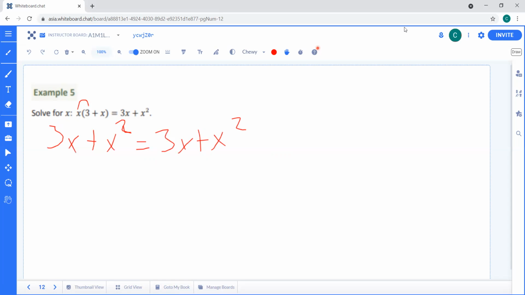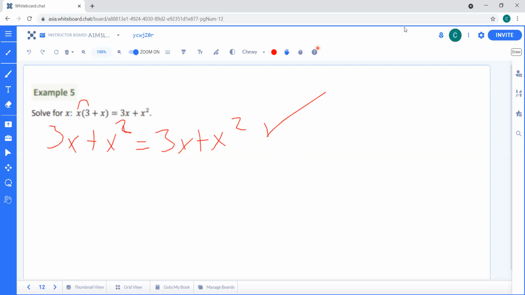Now, that is a true statement. Check mark. True statement. And what that means is that we can plug in any number whatsoever. Any number, and it's going to be correct.